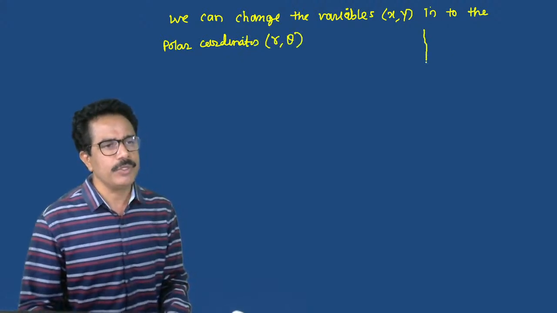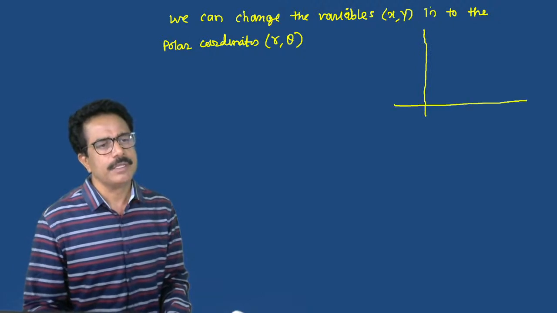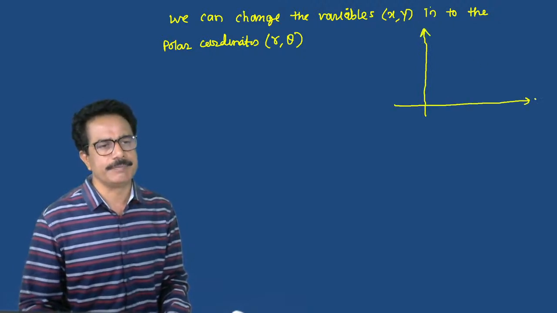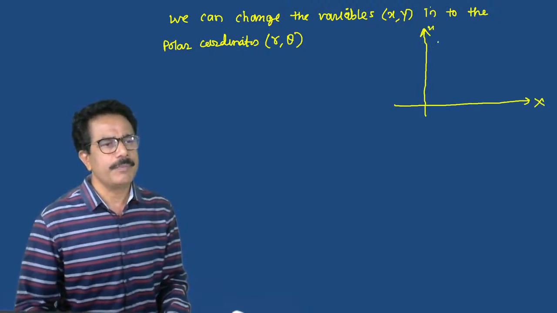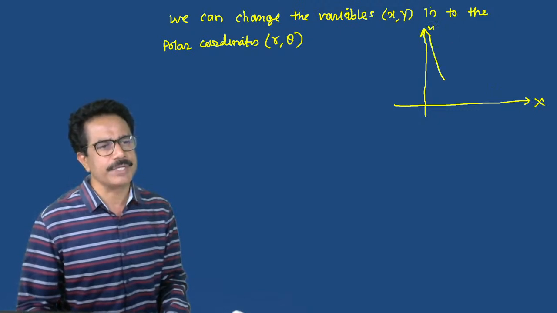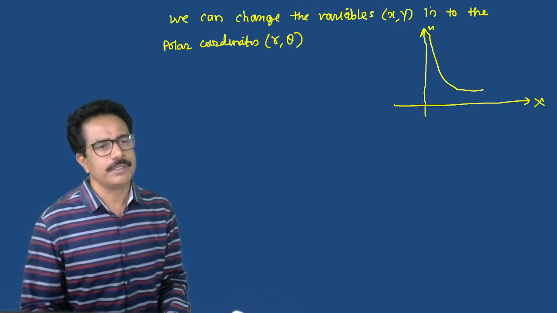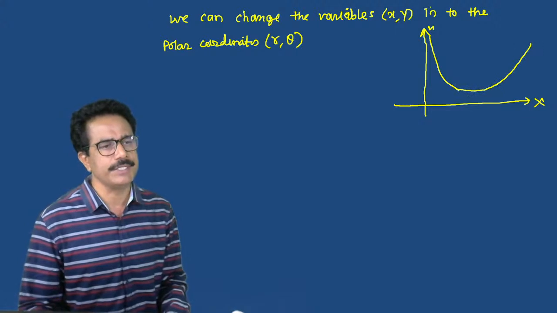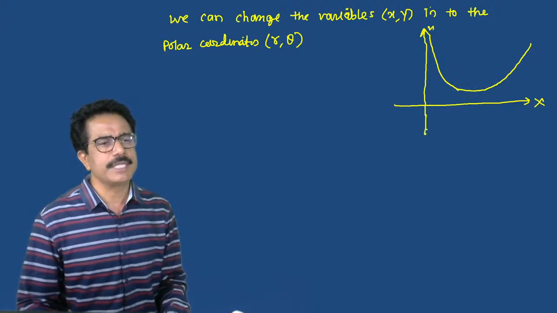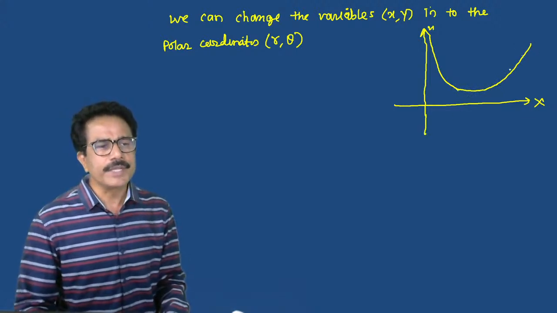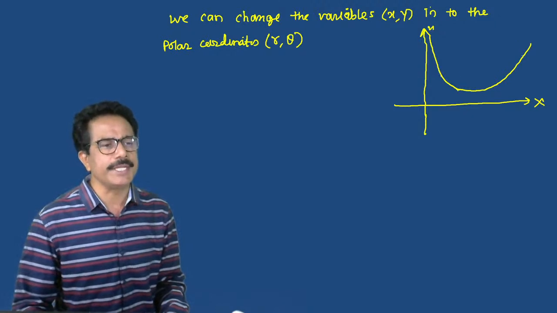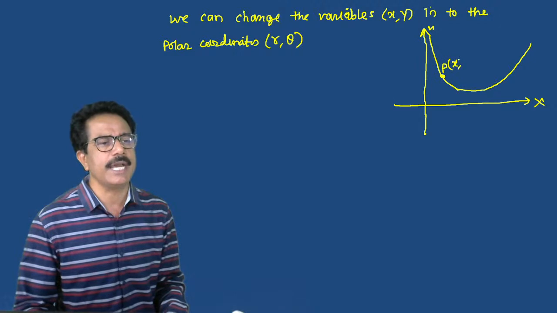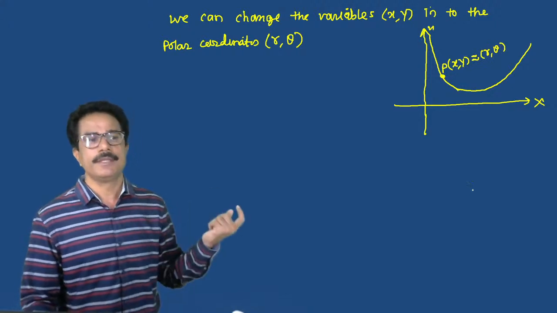See this, you have drawn the graph of this function. Suppose in this way, this is the gamma function. You know the value of a gamma function in this way. If we consider any variable point here, suppose this is a point P, we can write in the Cartesian form x comma y, or in the polar form we can write r comma theta.